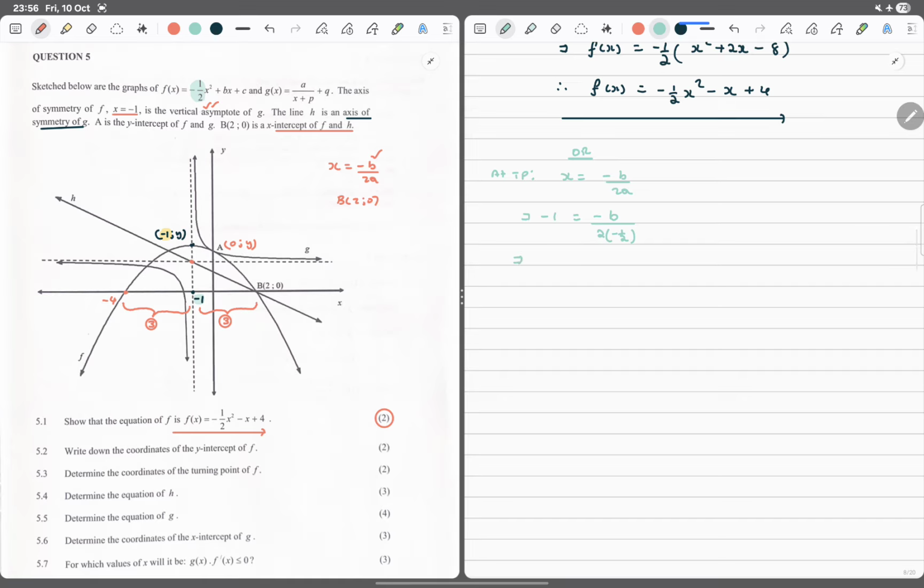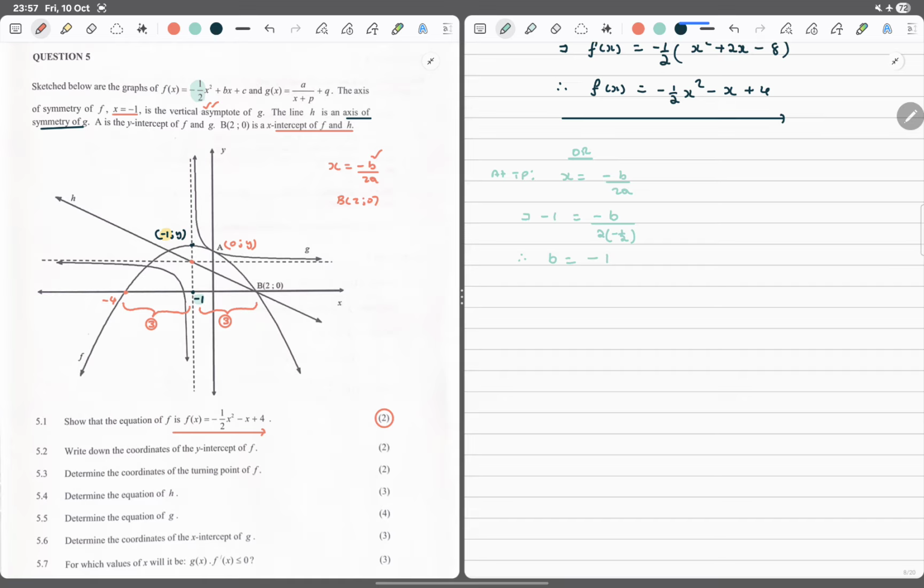So this implies that minus 1 is going to be equal to, this is just going to be b. In fact, we can conclude here that therefore b, because remember this is going to be minus 1, negative divided by negative is positive. So essentially b is minus 1.